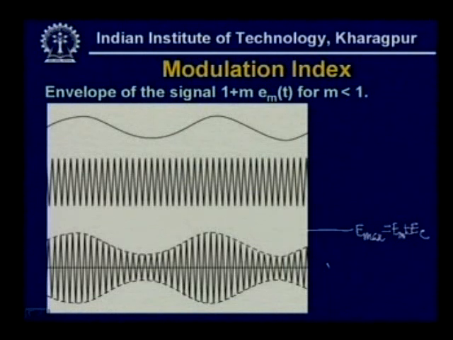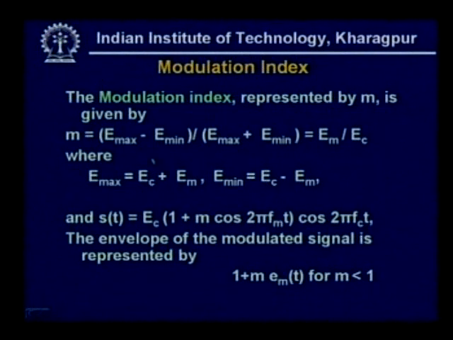On the other hand, this minimum amplitude will be equal to E_min, which is equal to E_c minus E_m. Then the modulation index M that we get is given by (E_max − E_min) / (E_max + E_min), which is equal to E_m by E_c.